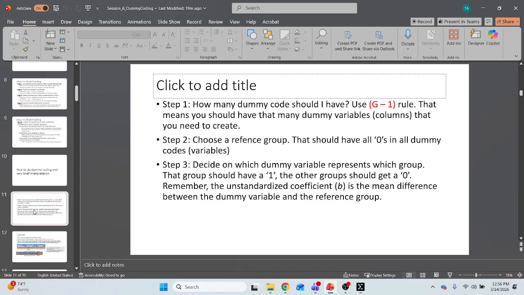Okay, so here's the thing. If I have a grouping variable, males or females, how many groups do I have? All right, if you apply G minus 1, how many dummy codes should I have? Okay, if I have white, black, Asian, Hispanic, multiracial, 5 groups, how many variables should I have?